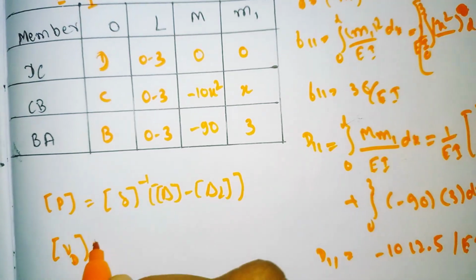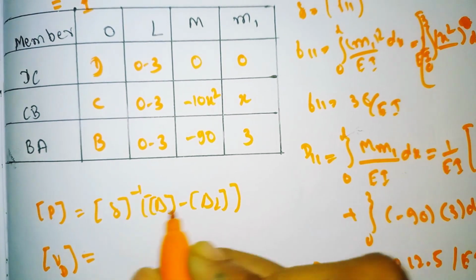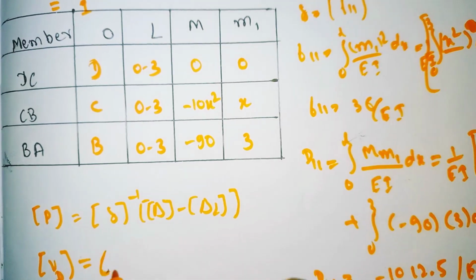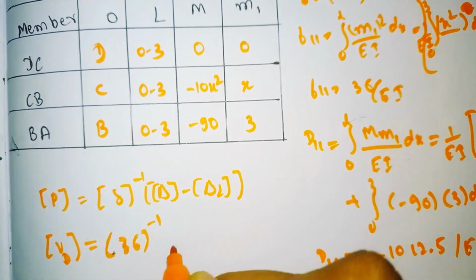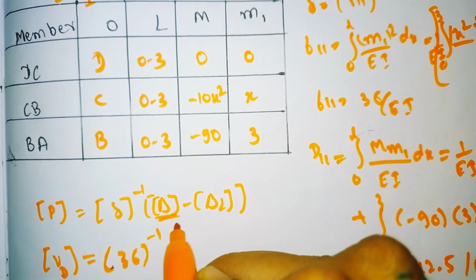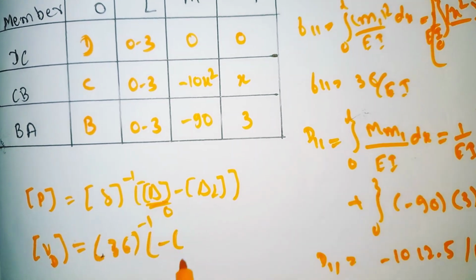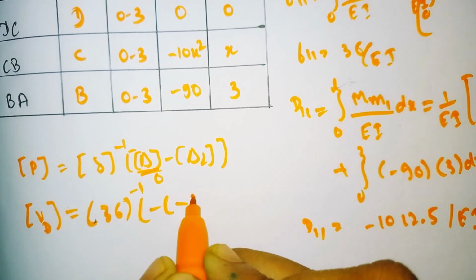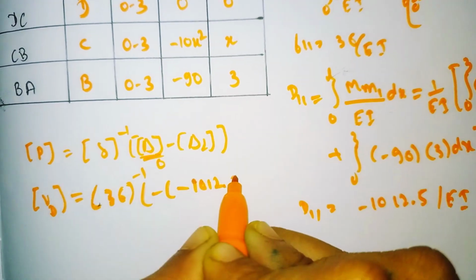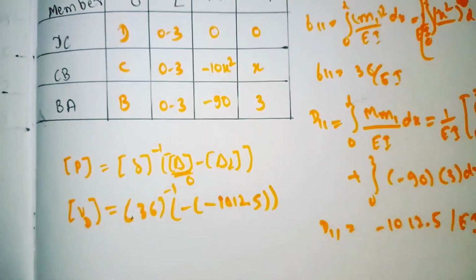Similarly the flexibility matrix is 36 inverse, and the displacement we got was minus 1012.5, close the bracket. Now this is a 1 into 1 matrix.